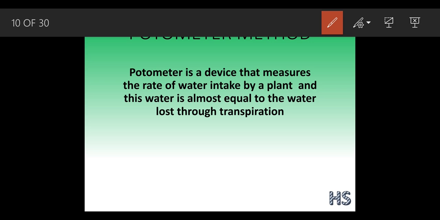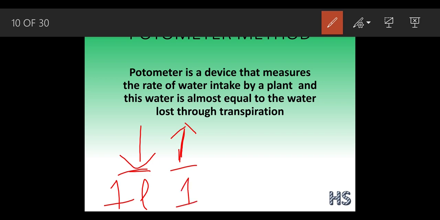Suppose this water is taken in by the plant, suppose this is the level, the same amount of water is going to be lost by the plant. Okay, see, this shows that the plant is not going to lose more water. If suppose this plant has consumed 1 liter of water, it is going to transpire 1 liter of water only.